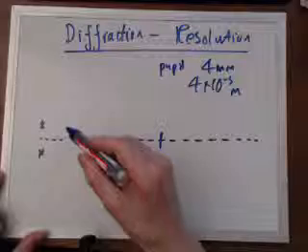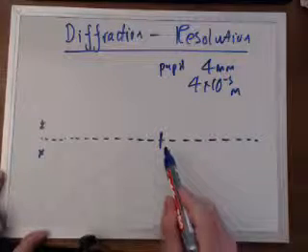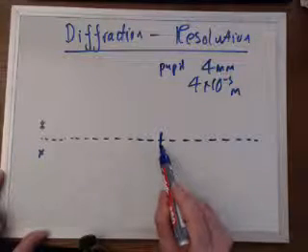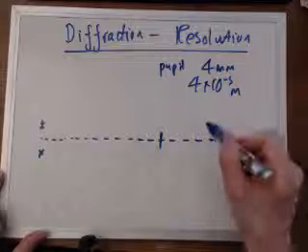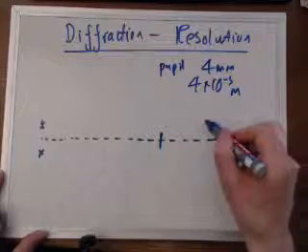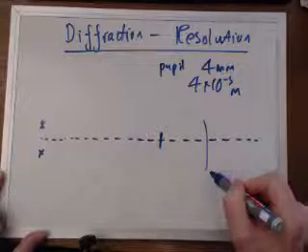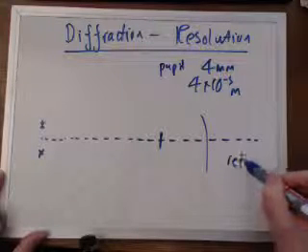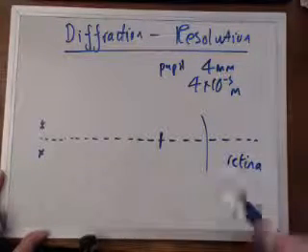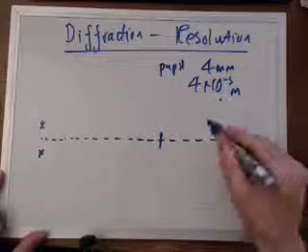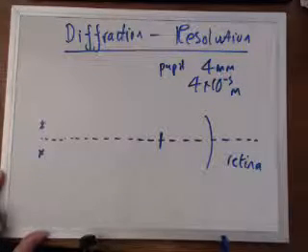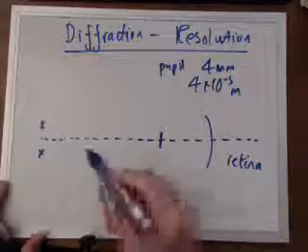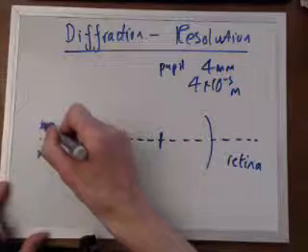And the light is going to go from each point source through the slit, and then hit the back of the eye, the retina. So from here we'll get a point source.